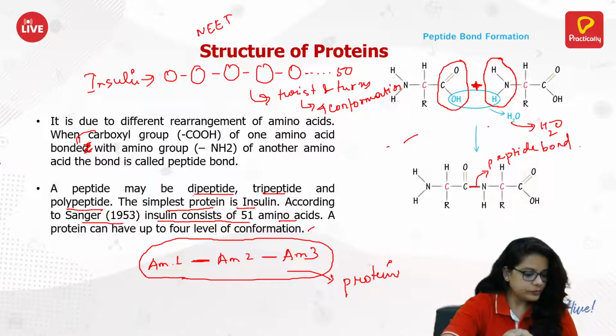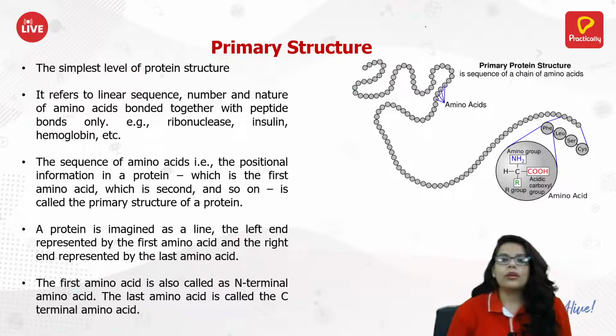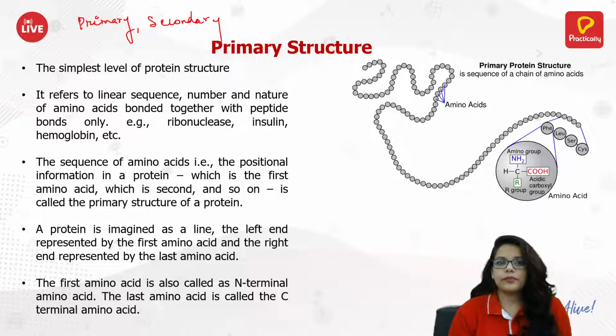So now the structure of protein can be divided into 4 levels: primary structure, secondary structure, tertiary protein structure, and quaternary.